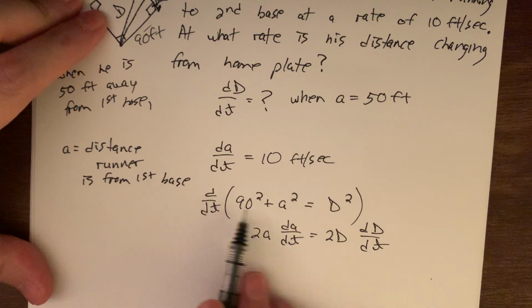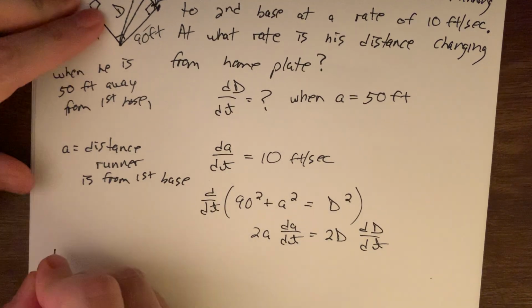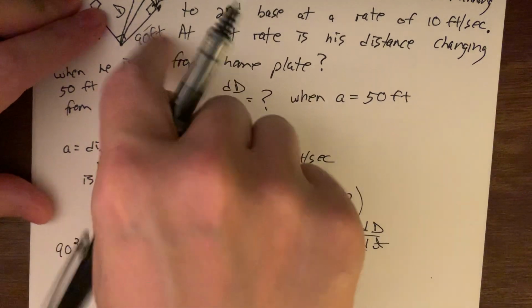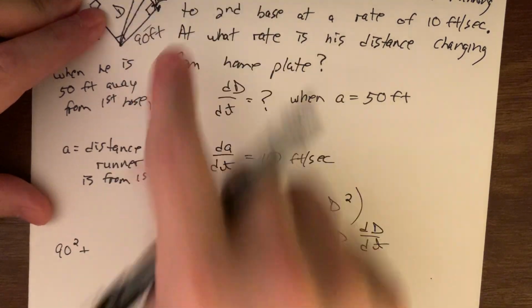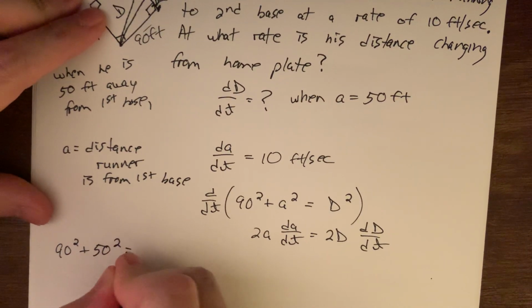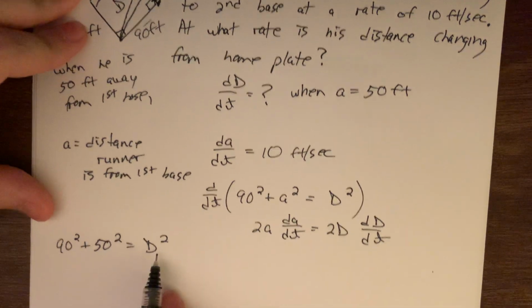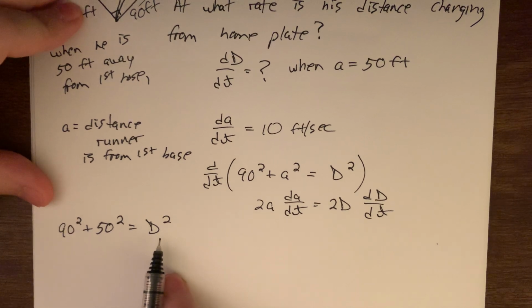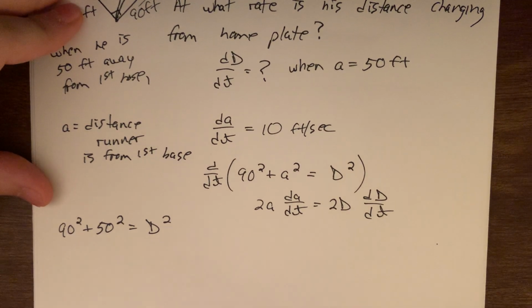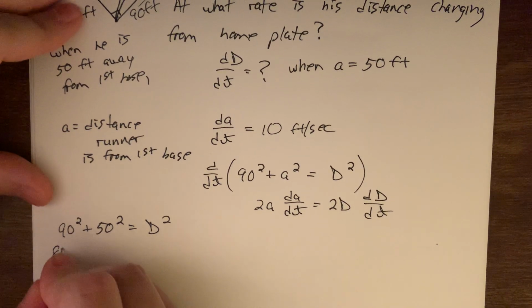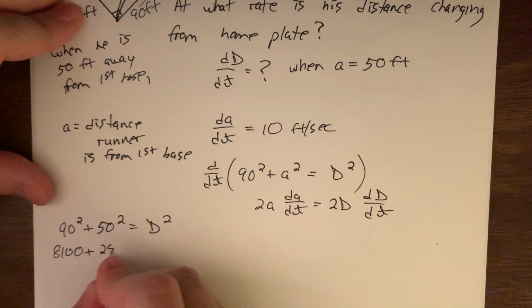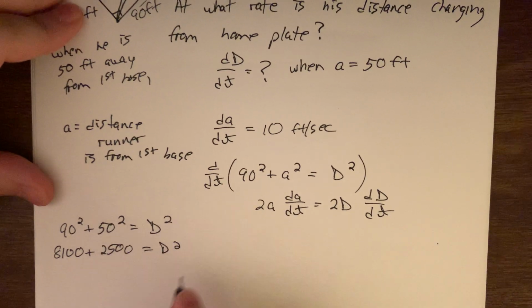So in here, we'd go back to the original. We already knew the one side was 90. But here, at the moment we care about, we know A is 50. And we could solve for capital D. Now, this is going to be a bit ugly here. So I get 90 squared is 8,100. 50 squared is 2,500.